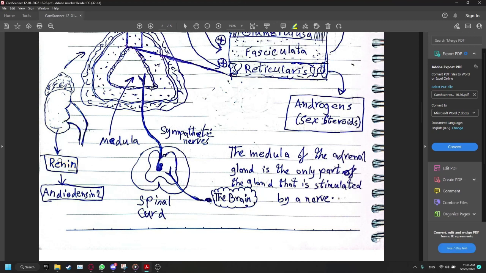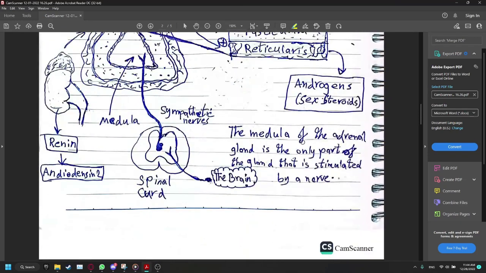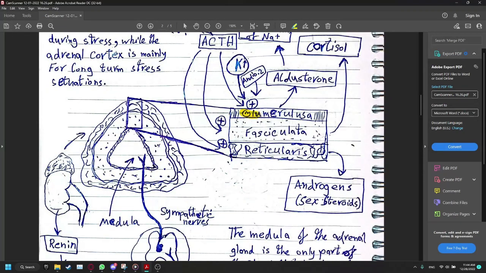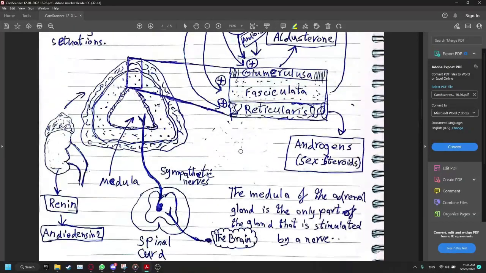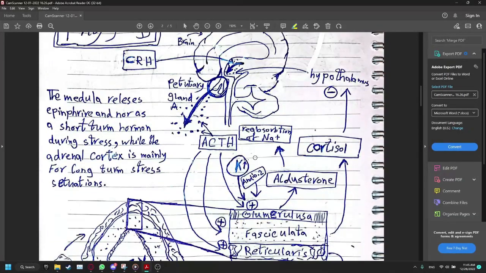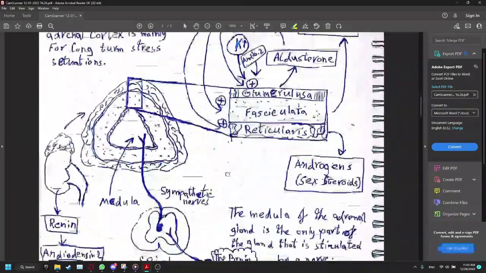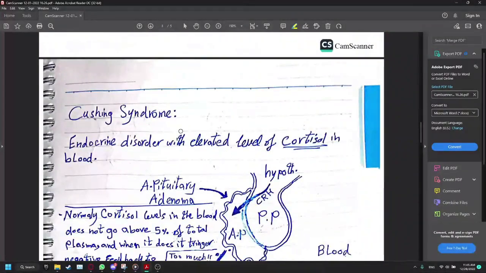I'm not sure exactly, but somehow the kidney produces renin, and then that turns into angiotensin 2. Angiotensin 2, as we said, stimulates the zona glomerulosa to produce aldosterone. That's pretty much it about the physiology here.